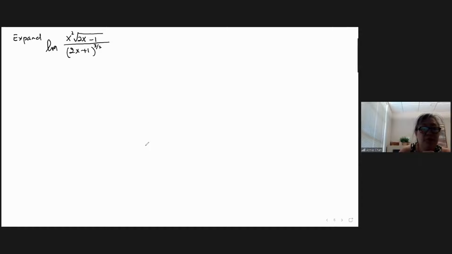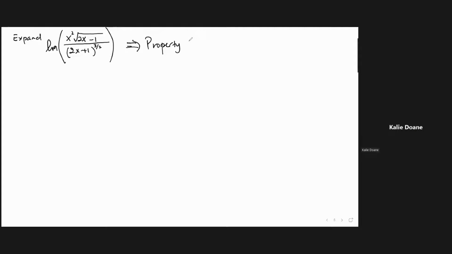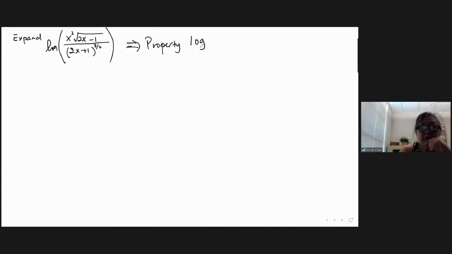What shall we do first? So this is the same as which property? Subtracting the logs. Okay, this is the same as log of A over B. What other property are you going to be using?